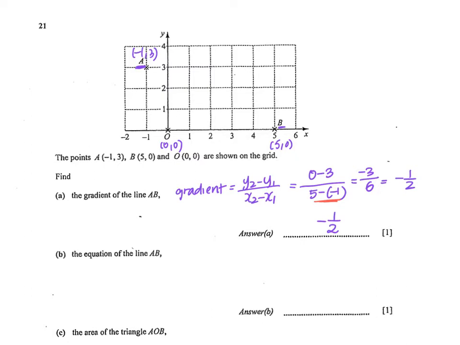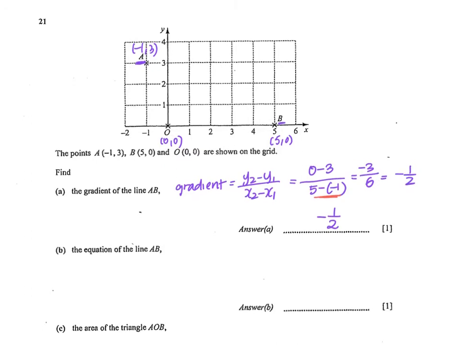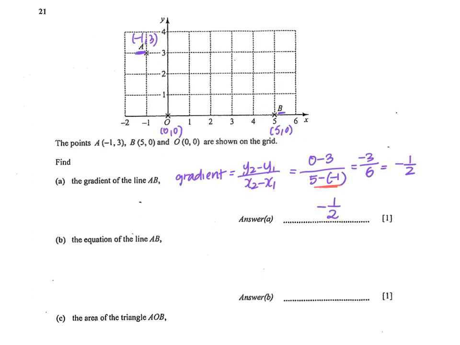So now that I found the gradient, what can I do to find the equation of the line AB? The equation of a line in general is given by y equals mx plus c. Now I know the gradient is negative half, so the equation will become y equals negative half x plus c.